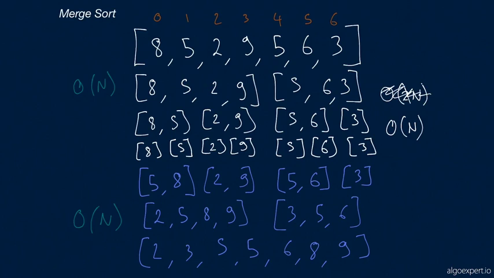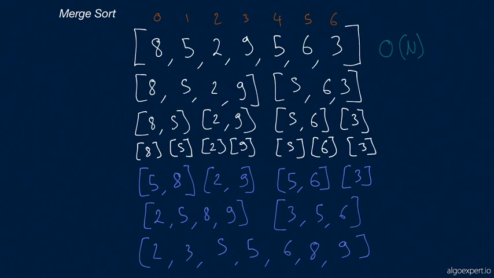So far, let me recap what I've said. On the first call to merge sort, we've got an O of n time complexity just for creating the two copies of the subarrays, and then merging them together once they're sorted.